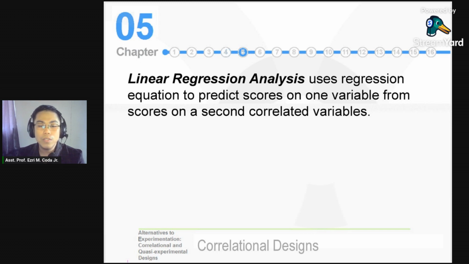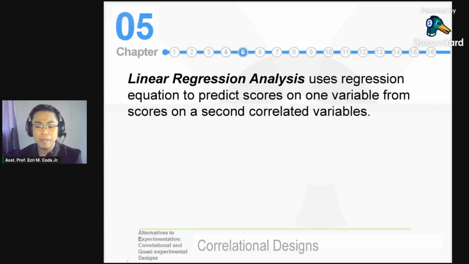Whenever your student is at a certain level of socioeconomic status based on your research, it is possible that his academic performance will be at a certain level as well. That is how we use linear regression analysis. It means that we can predict scores based on the variable that we have correlated. Our first variable is socioeconomic status, and we can correlate it with the scores of academic performance. So we can predict that given this socioeconomic status, his academic performance will possibly be this.